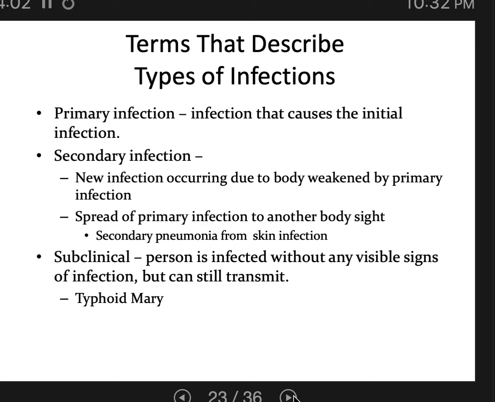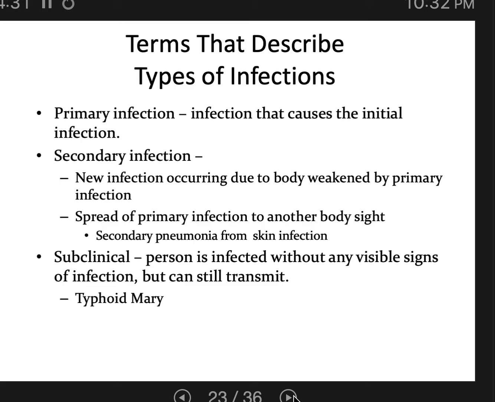So you got sick with the flu, and then you developed pneumonia. The flu virus is not giving you pneumonia. The virus overwhelmed your immune system. Your immune system is now not functioning how it should, and so you became vulnerable to other pathogens that could give you pneumonia. So the pneumonia is the secondary infection, the flu is the primary infection.